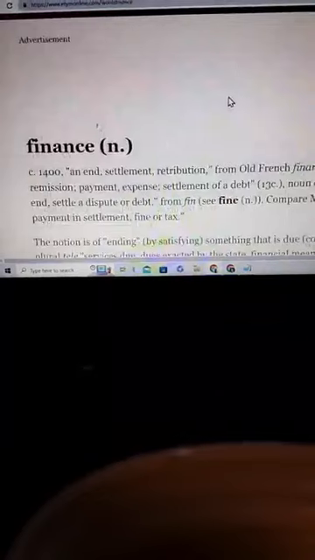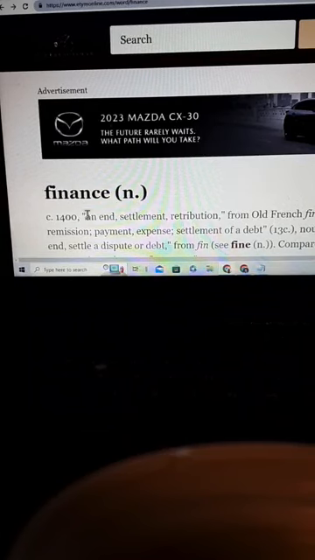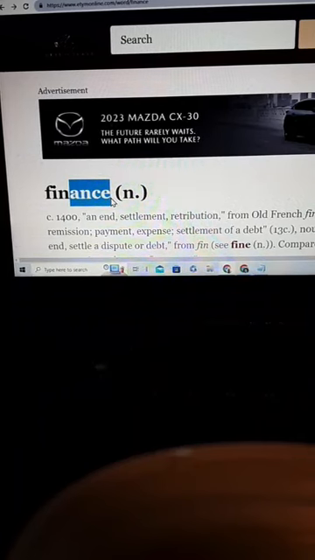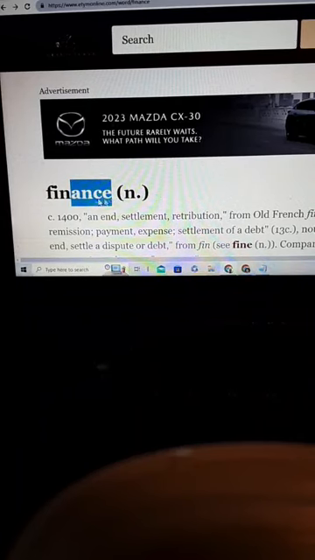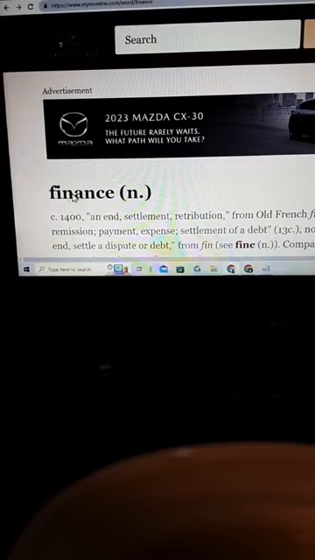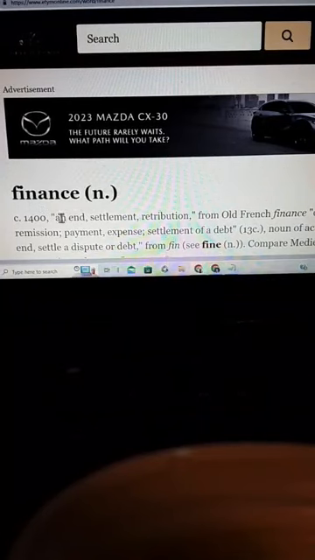Okay, let's look up finance according to etymology as the whole word. Finance. Noun. An end. And I'll remind you, ance is a suffix, and the root word is fine. That's why it's pronounced finance. So we're going to see fine here shortly as a derivative, or finance as a derivative.